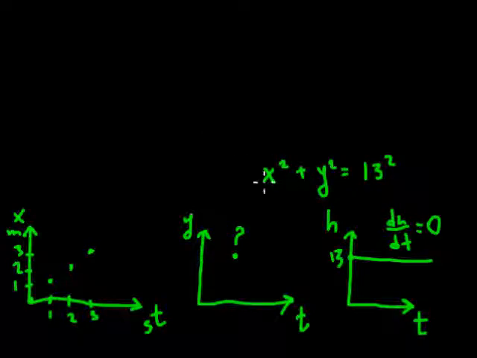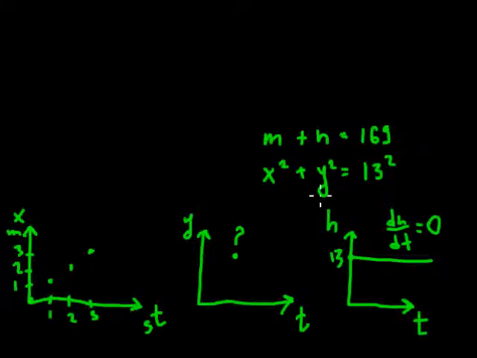There are three functions in this equation: x squared, y squared, and 13 squared. I like to give them names. I like to say x squared is my function m, y squared is my function n, and 13 squared is just a constant. It's 169. So I just use a substitution and write it like this.